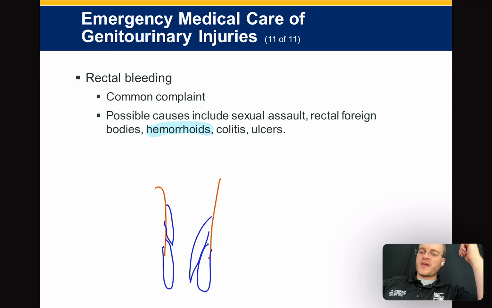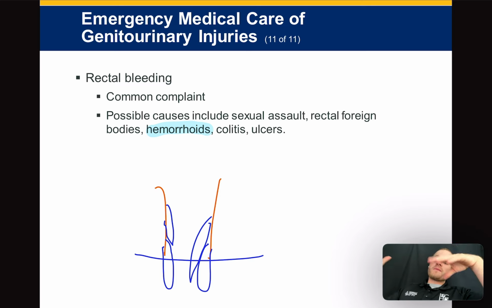So these are just big veins that are sticking out. Now here's the outside world. So these would be external hemorrhoids. These would be internal hemorrhoids. And so these can bleed. Okay, they can bleed a lot, and they can or cannot be painful. It depends on if it's above or below the pectinate line. And so hemorrhoids is a very common issue. These can bleed so much they can lead to shock, though. I should warn you.